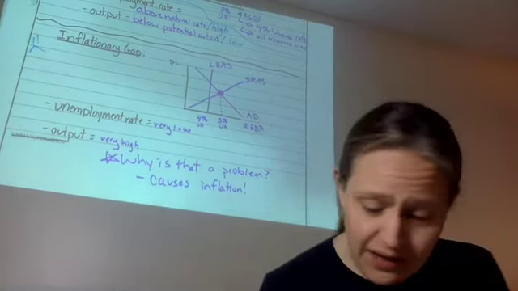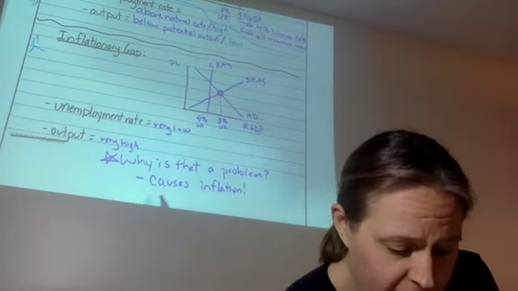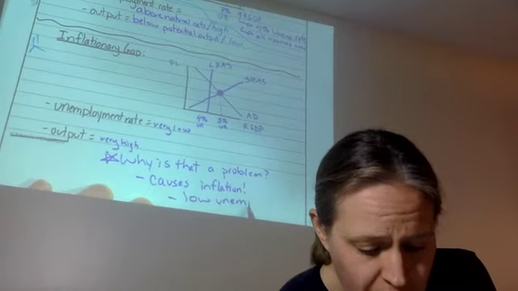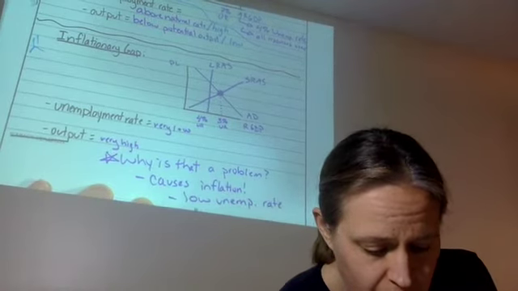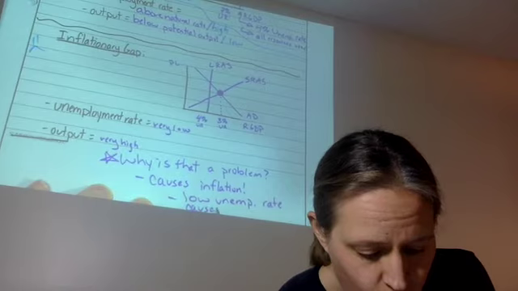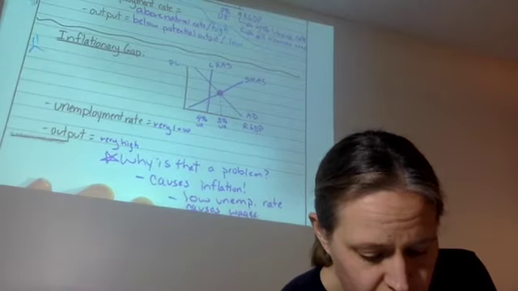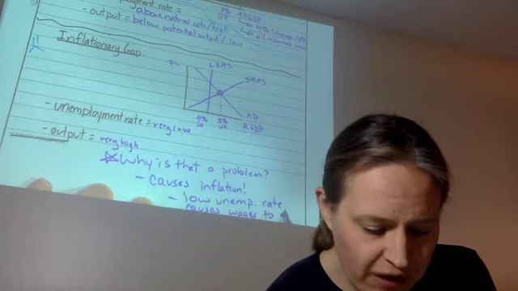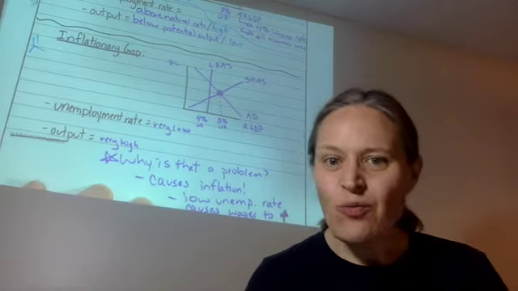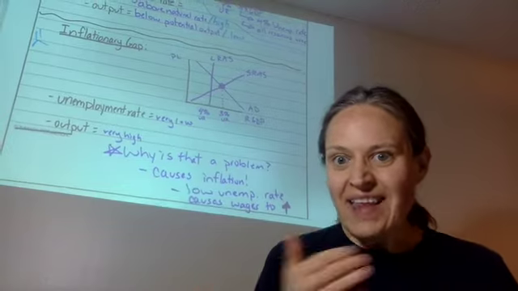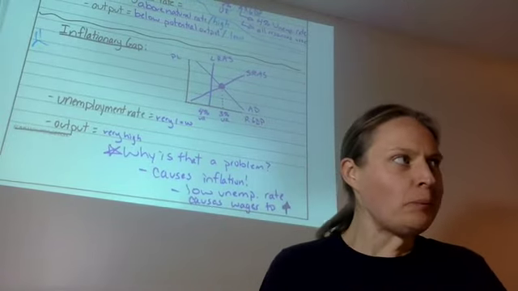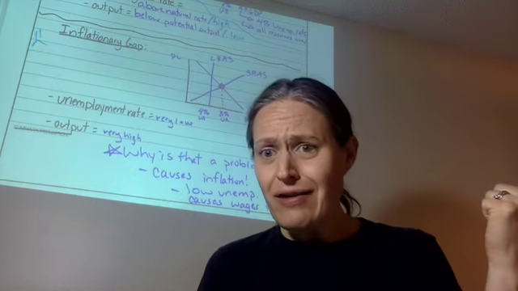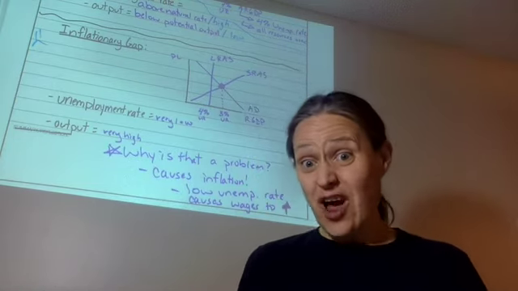So that means it causes inflation because a low unemployment rate causes wages to increase. And that's not just true for new hires. When the economy is super great, people who have jobs can be like, I think I need a raise because all these other people are offering me these really great jobs for more money.